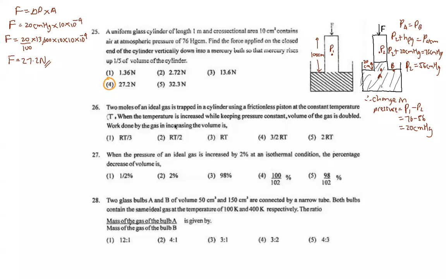2 moles of an ideal gas is trapped in a cylinder using a frictionless piston at constant temperature T. When the temperature is increased while keeping the pressure constant, volume of the gas is doubled.